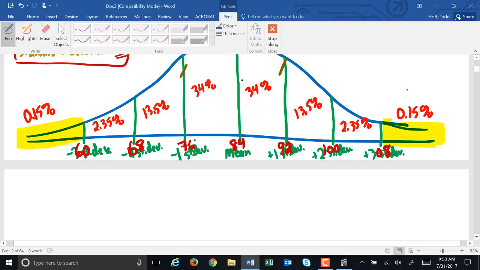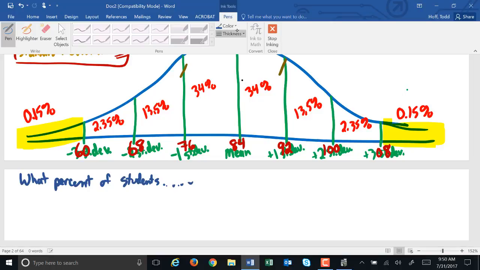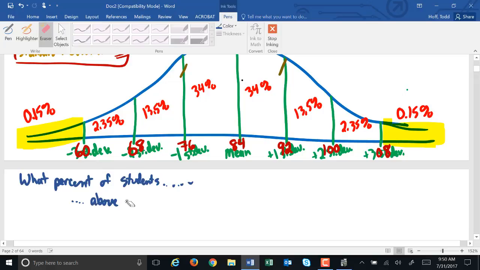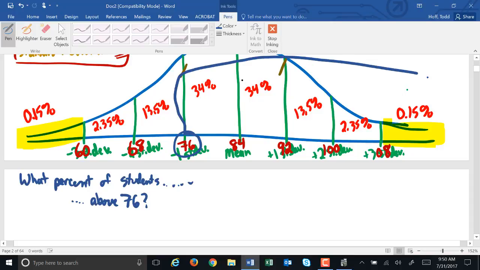Now a C minus is actually a 77, but we're going to say it's a 76. I'm going to ask what percent of students would you expect to score above a 76? Well, 76 is right here. Above is in this direction.